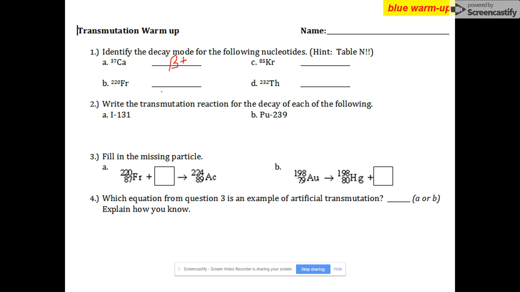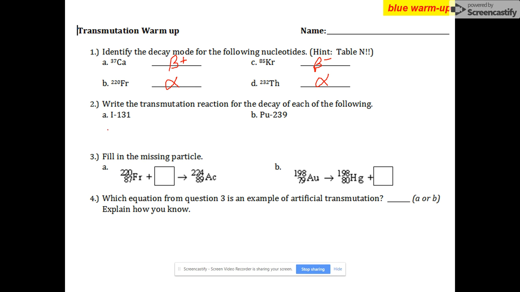Francium 220 looks like it has alpha decay. I'm just getting these from table N. Krypton 85 has beta decay. That's electrons, negative beta particles. And thorium 232 goes through alpha decay.